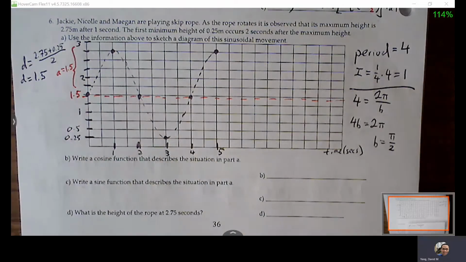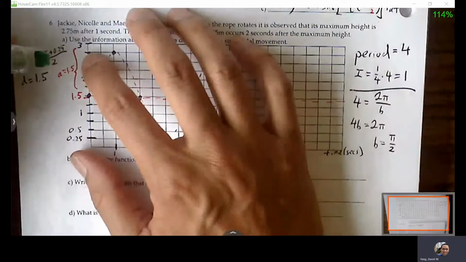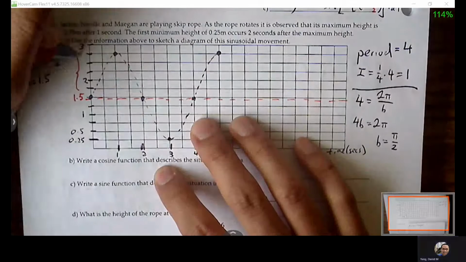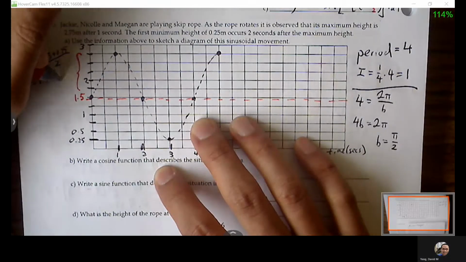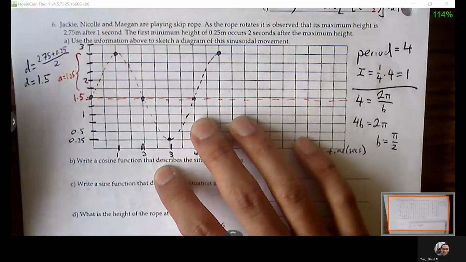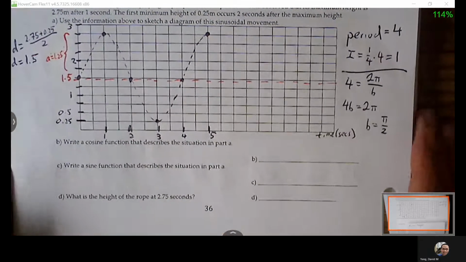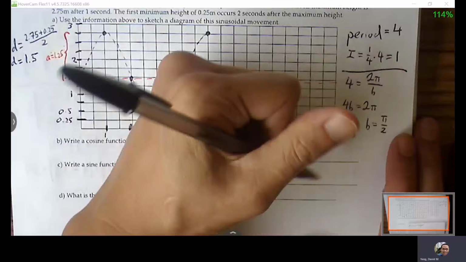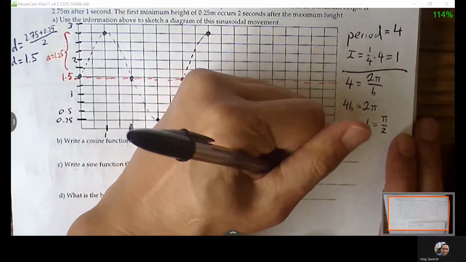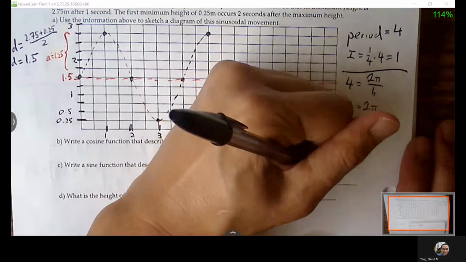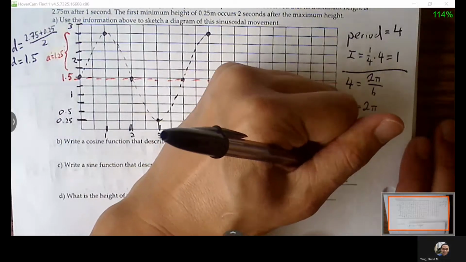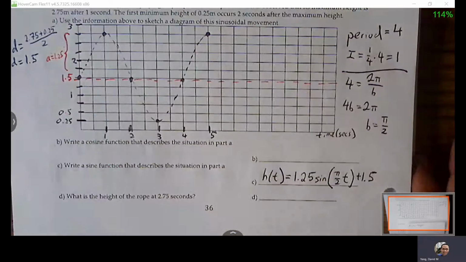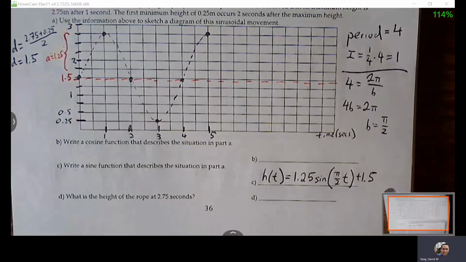Oh, sorry, 2.75. My A is 1.25. Yeah, I did sine first just because I know it's the easier one to do without any shift.